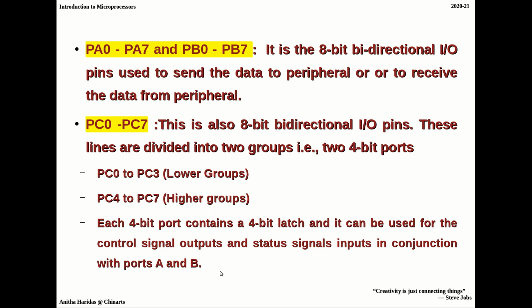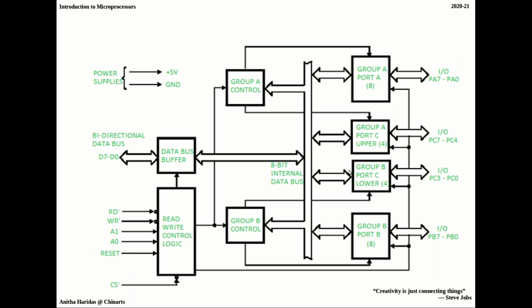For that it will be used as a 4-bit latch, working along with port A and port B. So whether it has to read the status signals or generate the control signals, that will be decided by these two 4-bit ports, right?